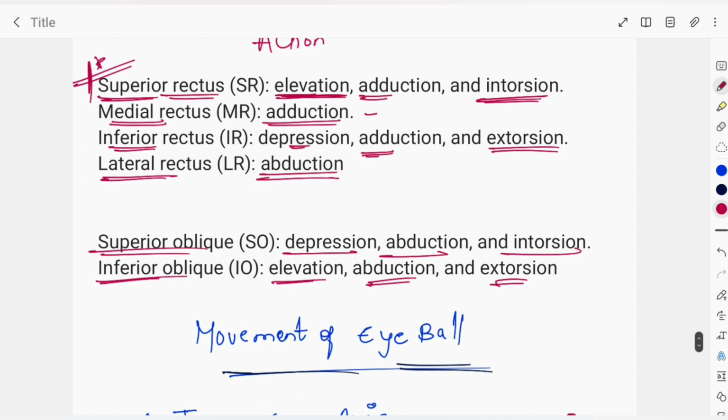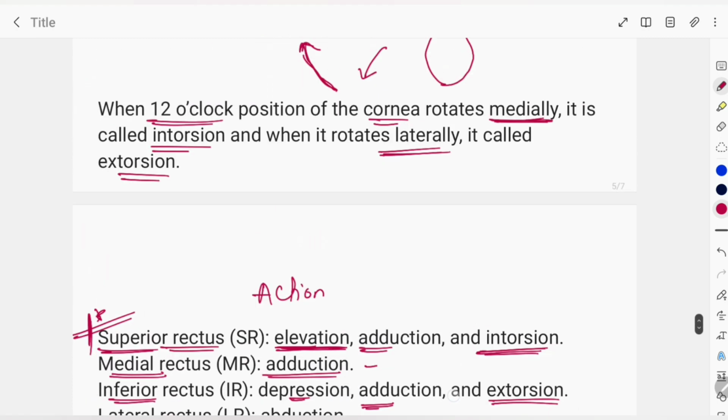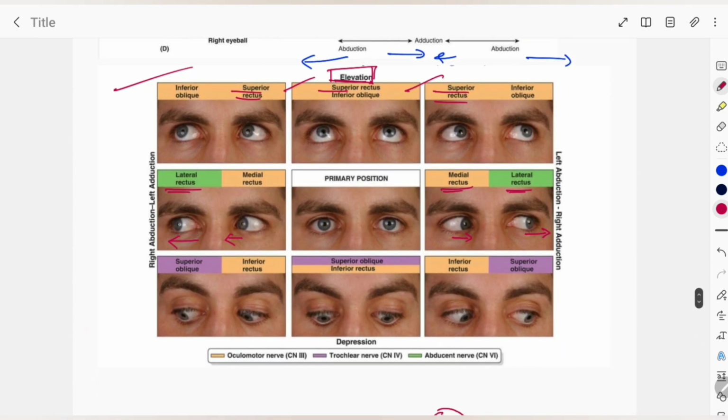Now one more muscle which is doing elevation is inferior oblique. You can very clearly see here, inferior oblique is the muscle doing the elevation. If we see from this diagram, the person is seeing in the upward direction and a little bit towards the left side, so inferior oblique is coming in picture.